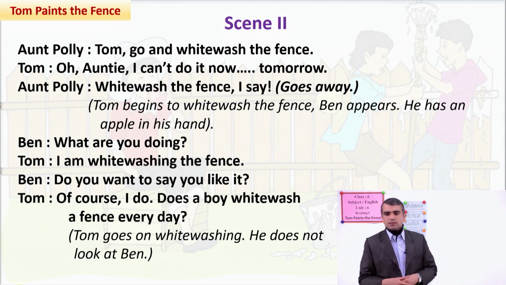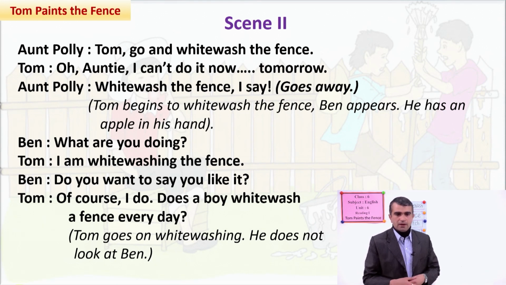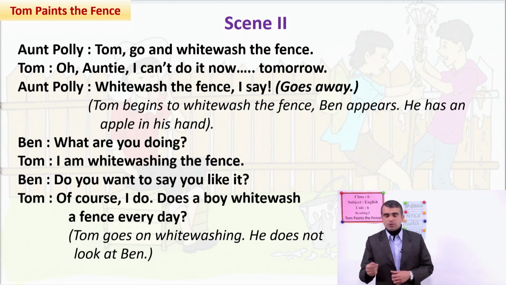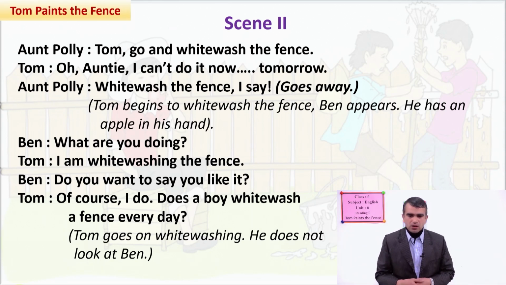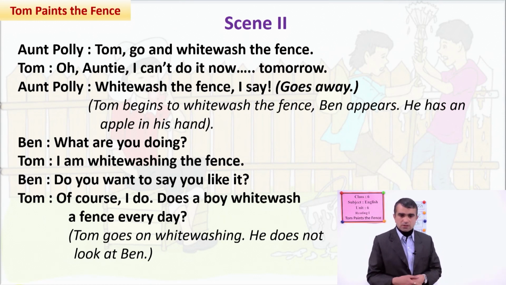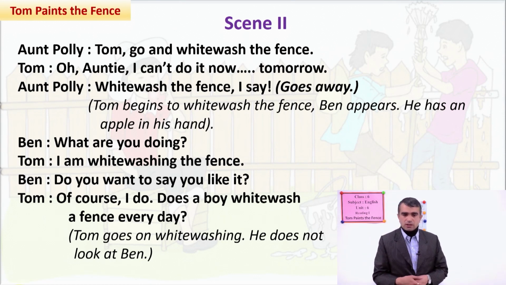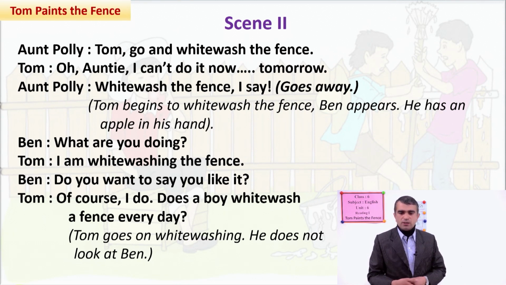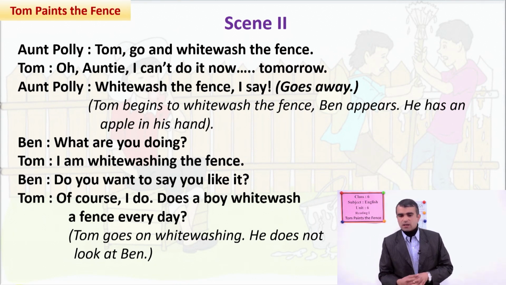Ben appears. He has an apple in his hand. Ben. What are you doing? Tom. I'm whitewashing the fence. Ben. Do you want to say you like it? Tom. Of course I do. Does a boy whitewash a fence every day? Tom goes on whitewashing. He does not look at Ben.